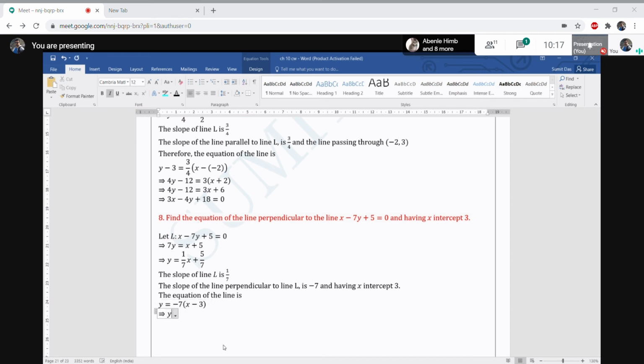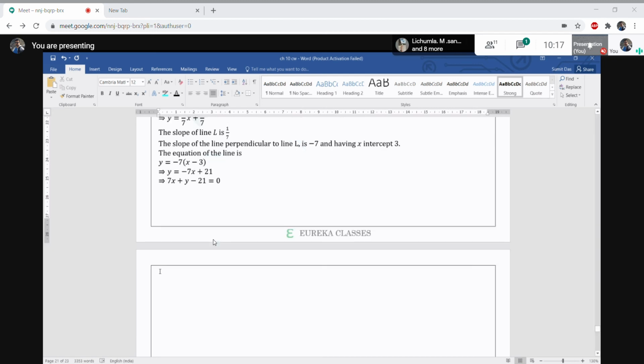It will be y equals -7x plus 21. If you take all the things to the right side, 7x plus y minus 21 equals 0. Okay, that is the equation of the line.